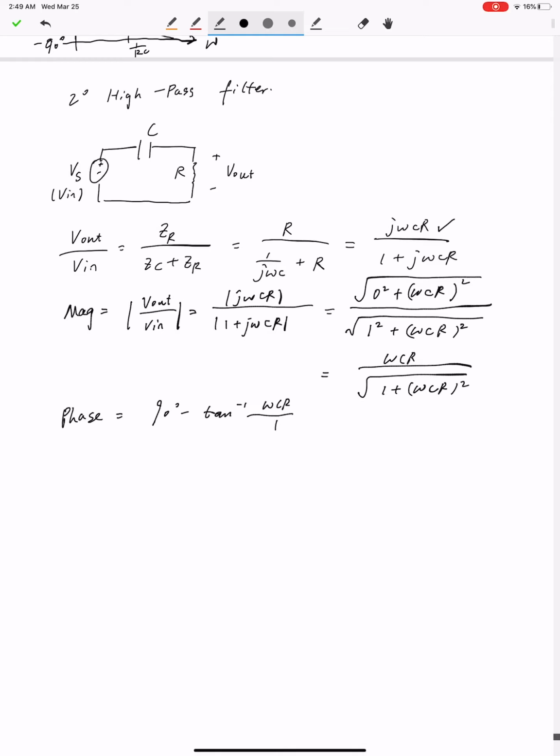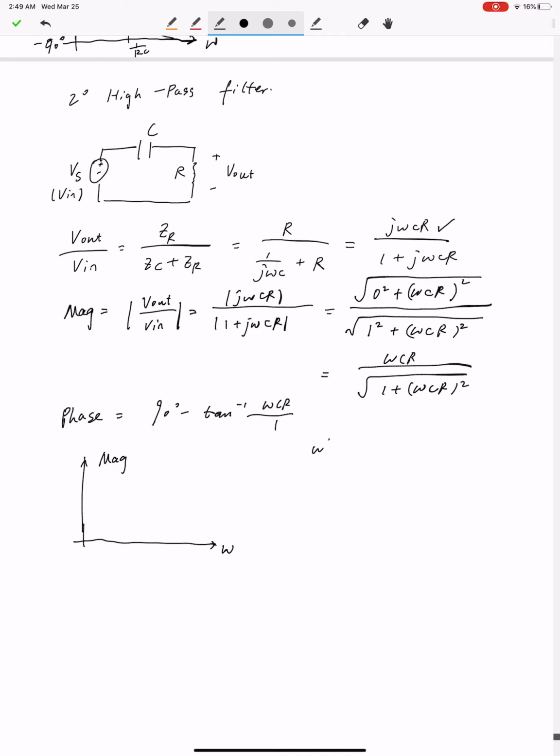Right, so let's make the plot of the magnitude. And you can also choose two ways. The first way is MATLAB, right? And the other way is we can analyze some special points.